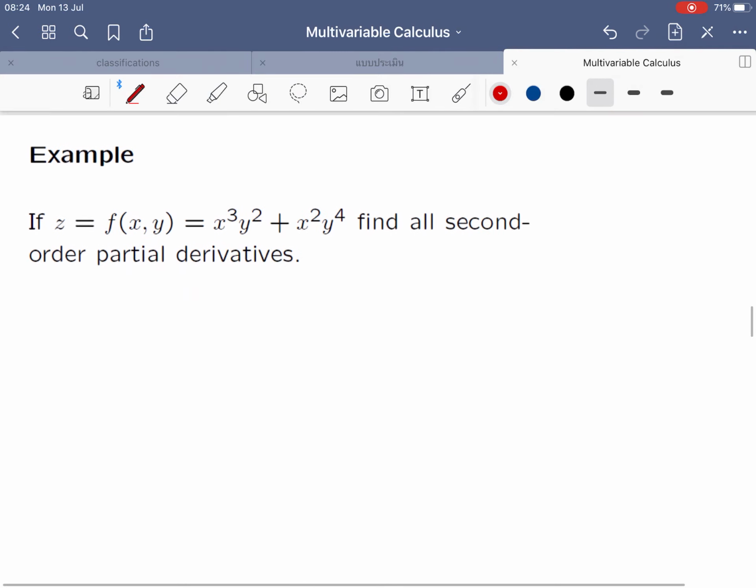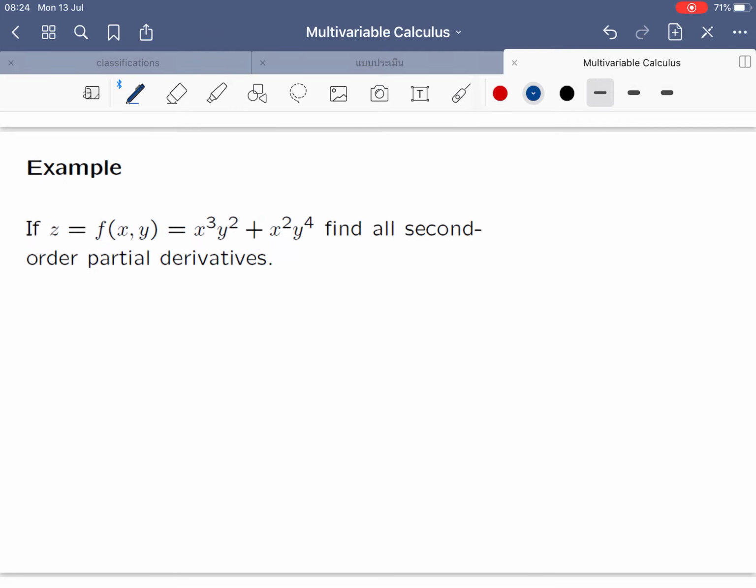So let us start with an example. In this example, f of x, y is x cubed y squared plus x squared y to the fourth. You need to find all second order partial derivatives. Of course, before you do that, you need to find f sub x first.